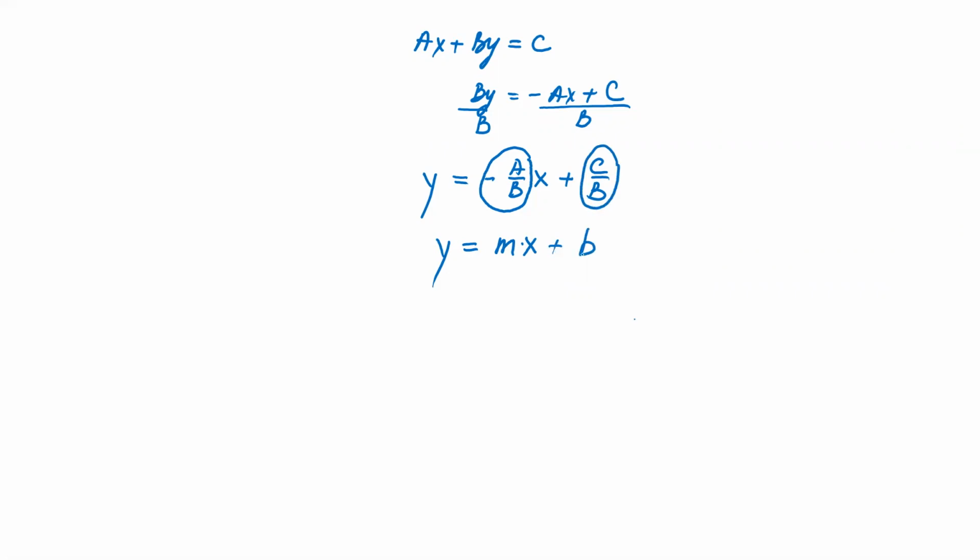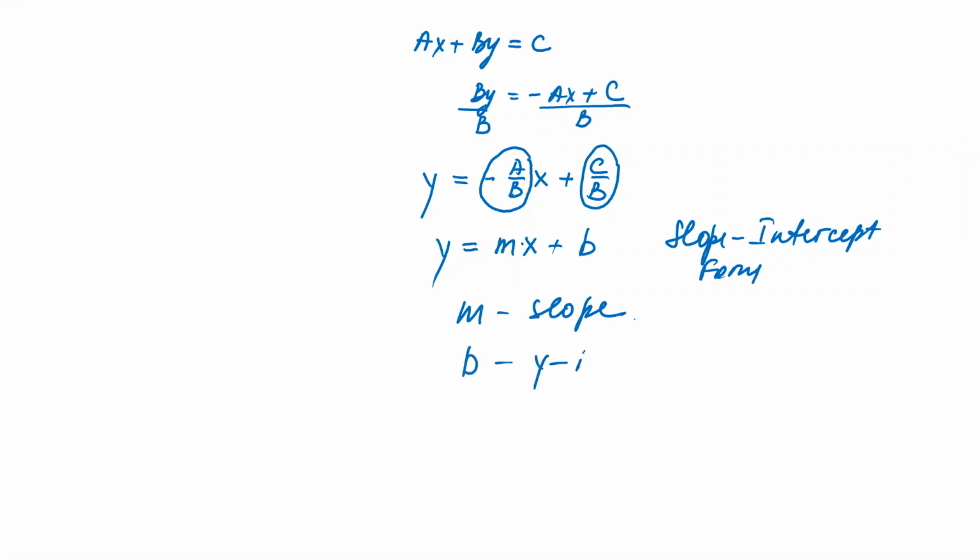And this is the form that you are going to find in most math books. It's called slope-intercept form. And where is this name coming from? m is the slope and b is the y-intercept.